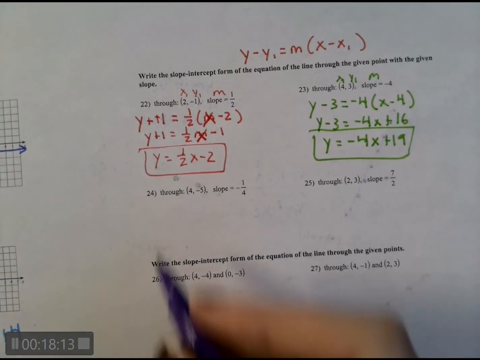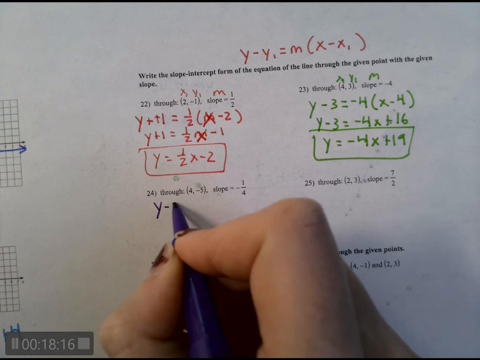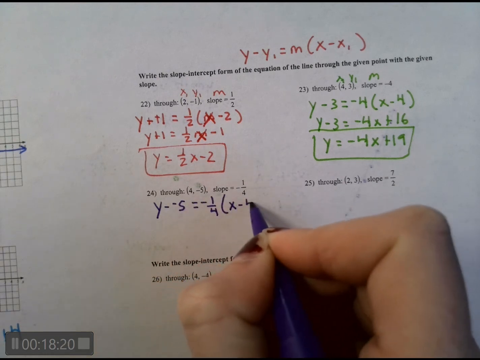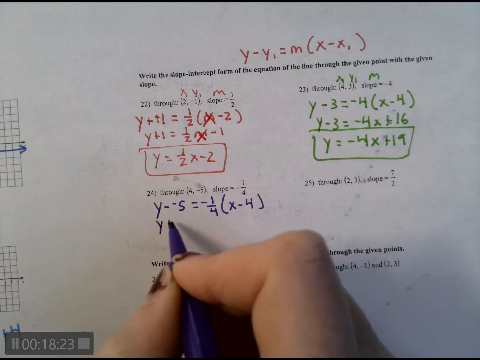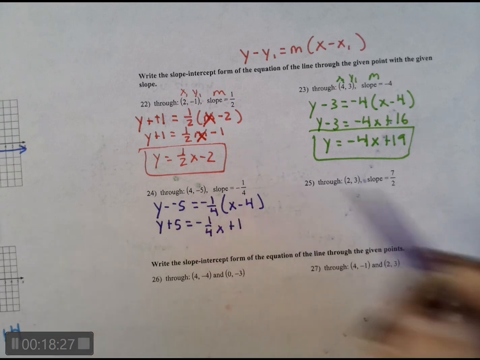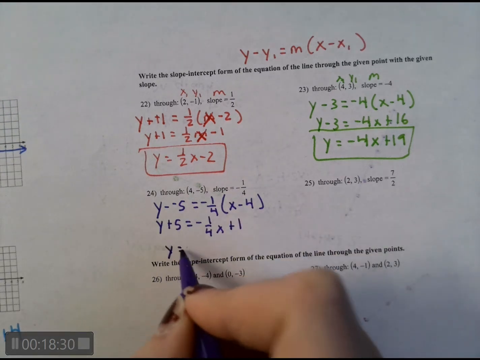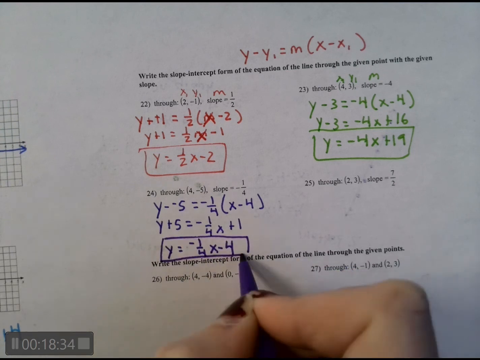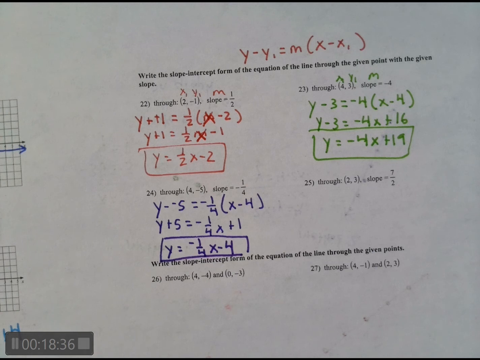And then y minus negative 5 equals negative 1/4 x minus 4. Subtract 5 from both sides. So if you notice, I'm not explaining quite as much because I already did massive amounts of explaining for 22 and 23. So you should just be checking your answers for 24 and 25, okay?